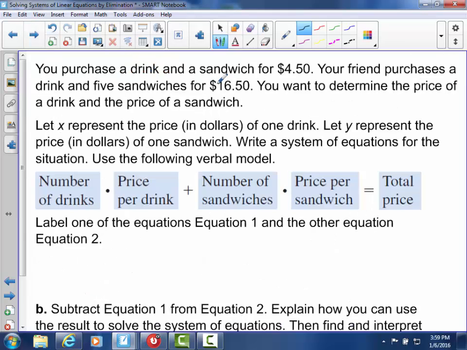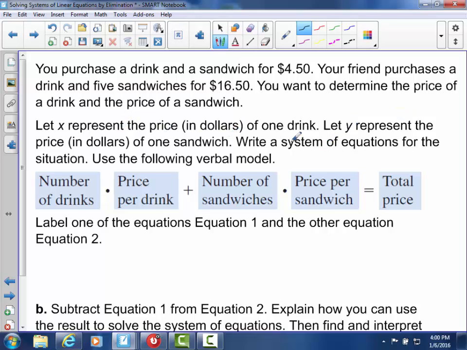You purchase a drink and a sandwich for $4.50. Your friend purchases a drink and 5 sandwiches, ooh, hungry friend, for $16.50. You want to determine the price of a drink and the price of a sandwich. Let X represent the price in dollars of one drink. Let Y represent the price in dollars of one sandwich.